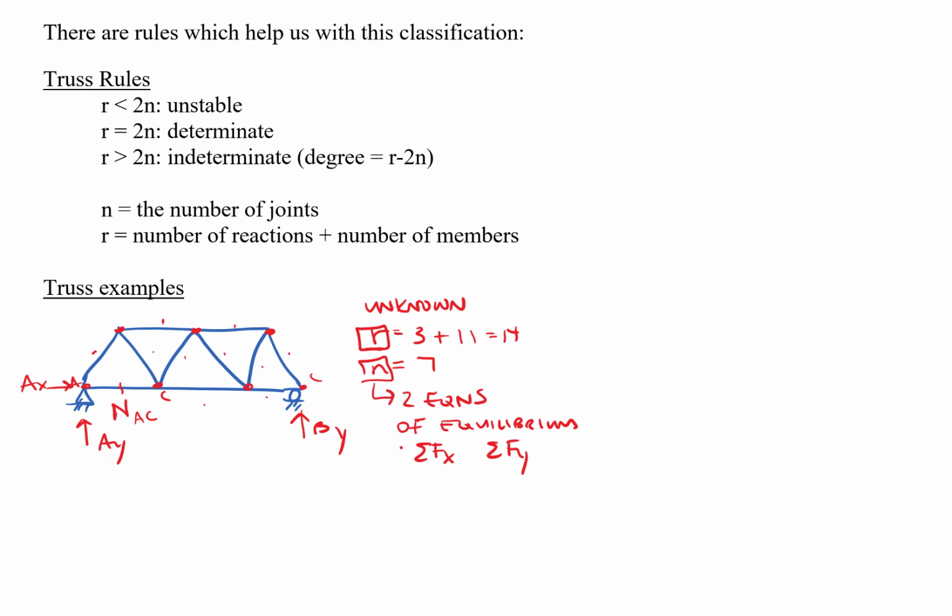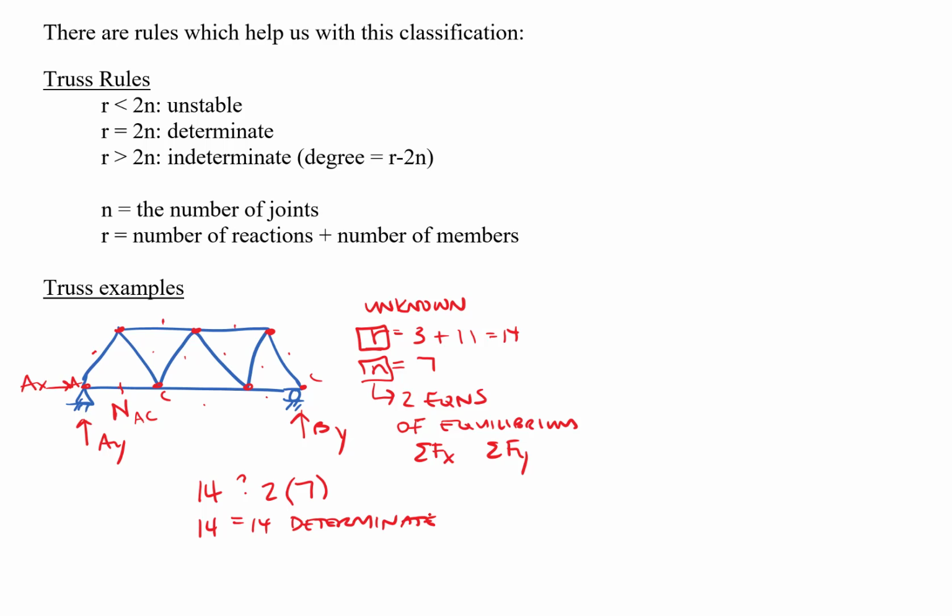I have 14 unknown things and 2 equations of equilibrium times 7 nodes, which is 14. Is 14 equal to 14? I have a determinate structure. So I could find all of those internal forces just by using my 2 equations of equilibrium at each node.